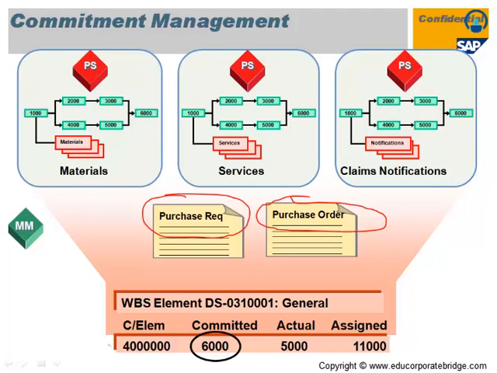For example, WBS element DS031001 has a commitment of 6000, that is the purchase requisition and purchase order values, and the actual is 5000, that is your goods receipt in case of material or a service entry sheet in case of services, and the total is the assigned, which is 11000.